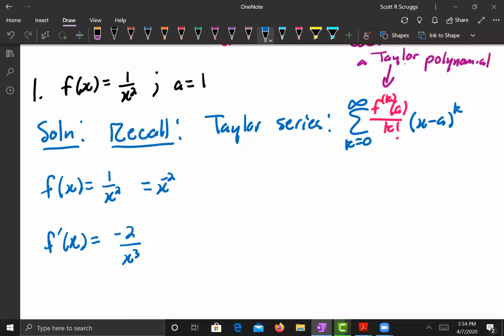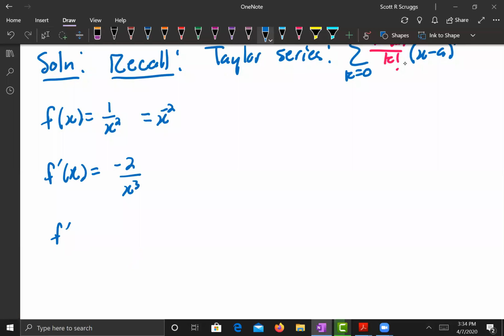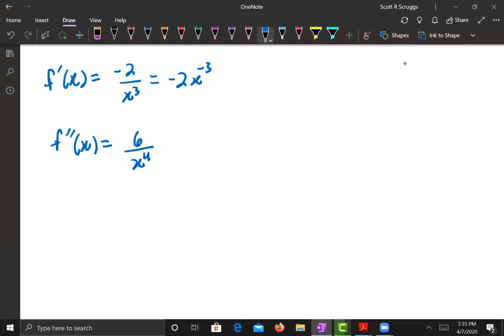And then second derivative, same idea. I'm going to do power rule again. That'll be negative 2 x to the negative 3. So the derivative of that will be 6 x to the negative 4, so 6 over x to the 4th. Third derivative: again, that is 6x to the negative 4th.